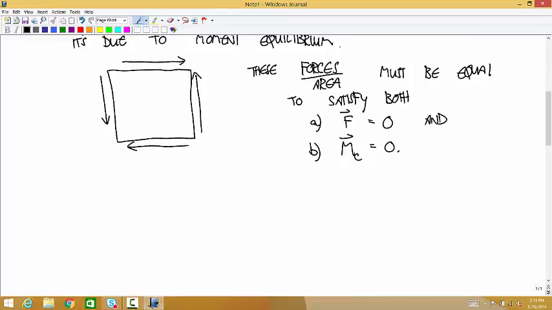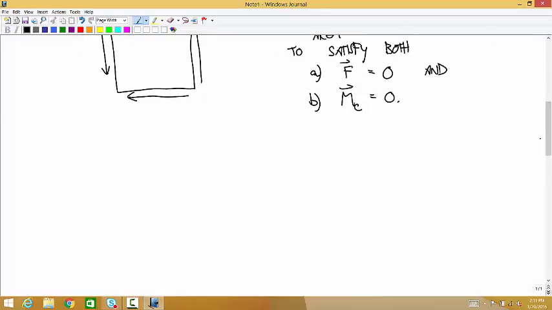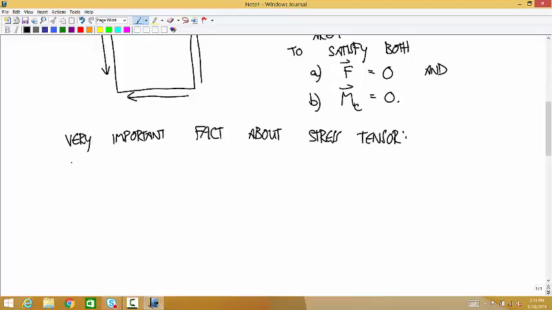Okay, so here is a really cool, very useful thing about the stress tensor. And this has to do with the relationship between the stress tensor and tractions. So I have to tell you what a traction is.